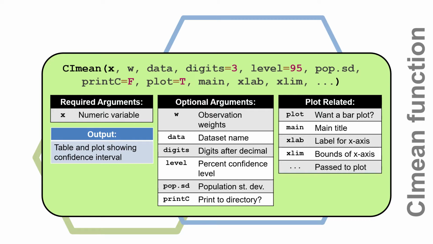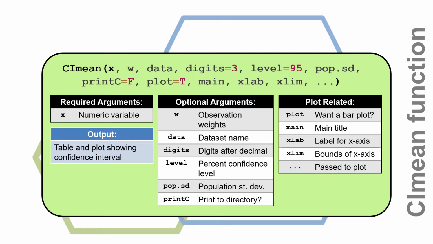A couple of comments before we work through examples. First, notice that this function's name is capital C, capital I, M-E-A-N. Most companion functions have capital C on the end, but this one has capital C, capital I on the front. It just looked better that way and made more sense.